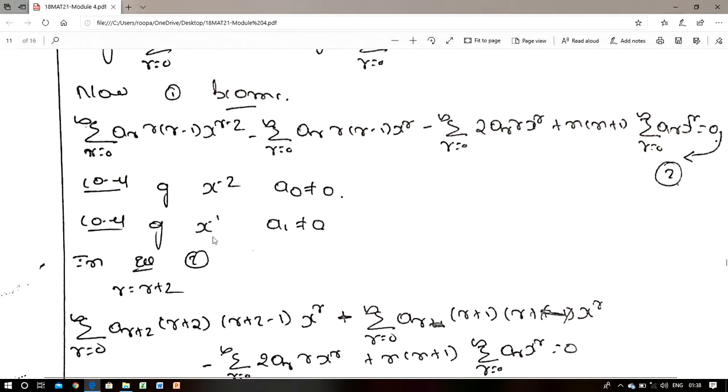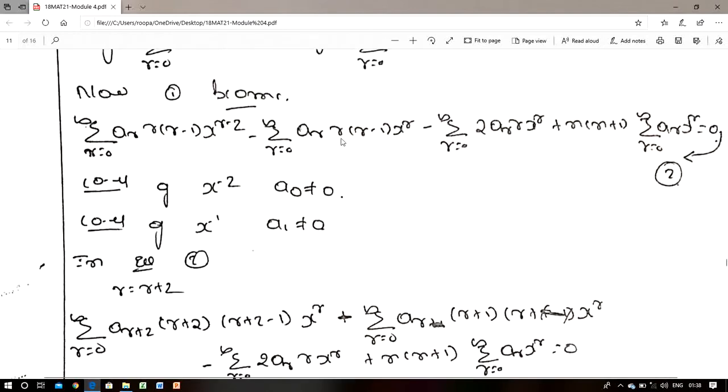Then equating the coefficient of x to the power of minus 1 means in equation 2 we take r is equal to 1. Simplifying, we get the condition a1 is not equal to 0.